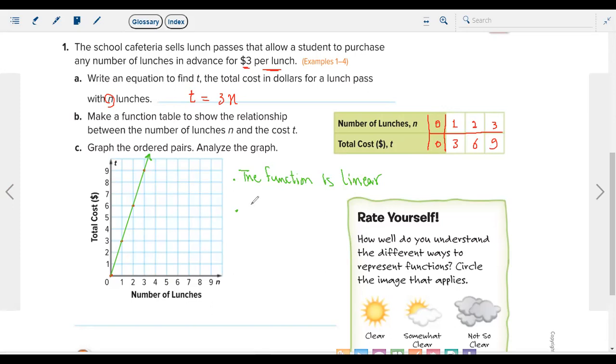So total cost is increasing by $3 per lunch.